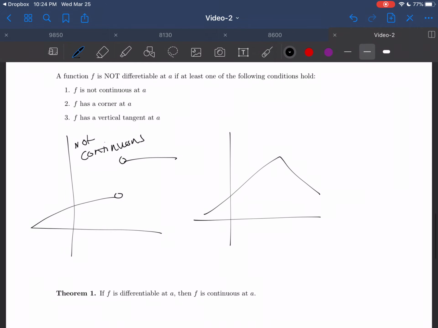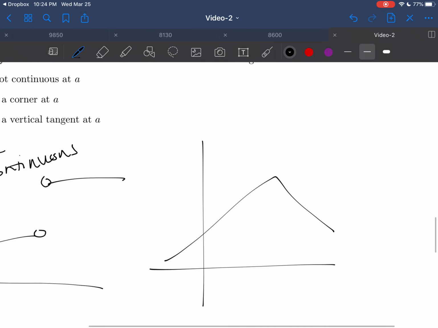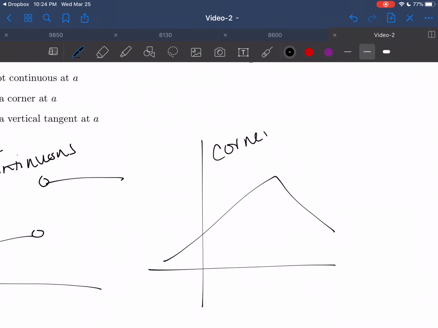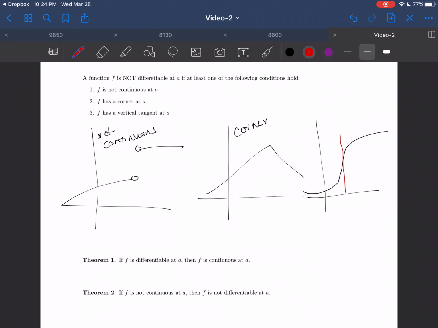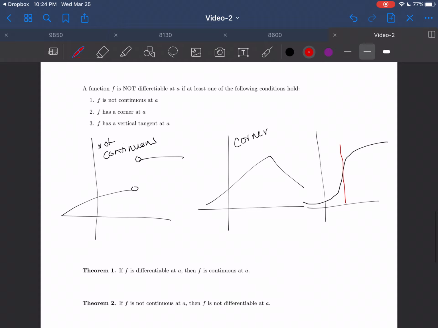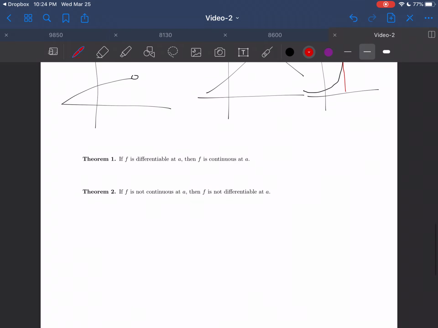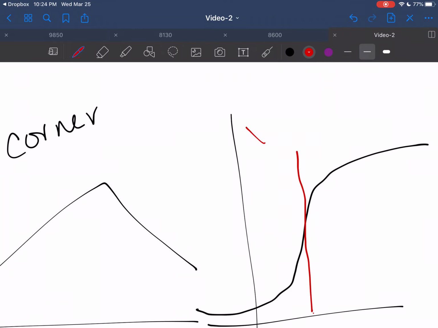Or f has a vertical tangent. Now, f having a vertical tangent would be something like this. And if that's the case, then at that point, the function is not differentiable there. And this one was vertical tangent.